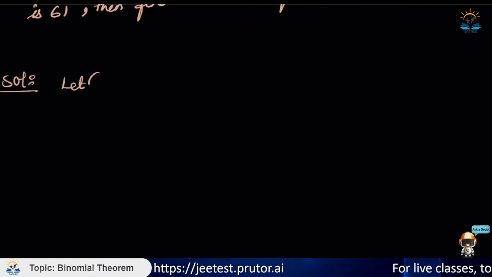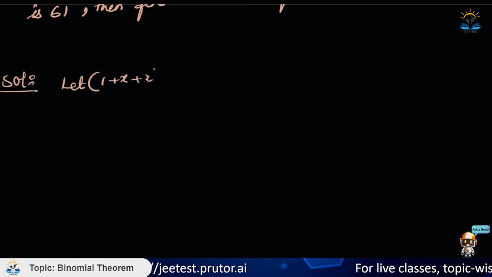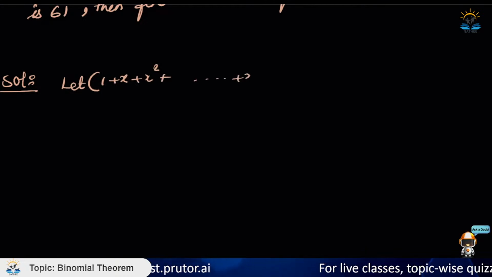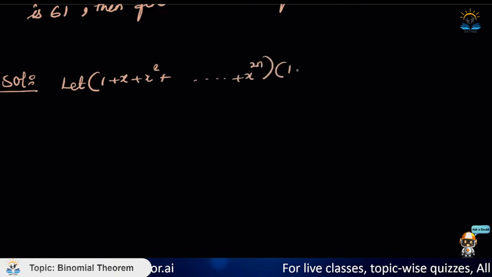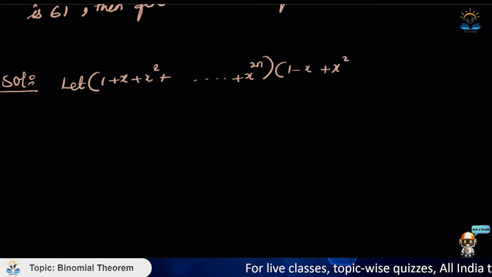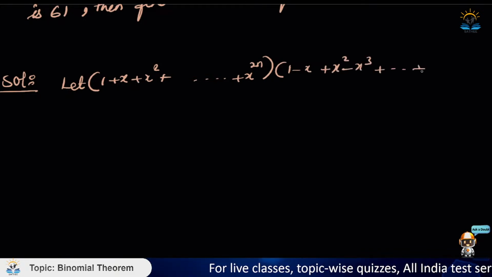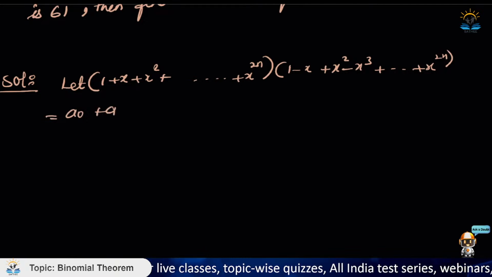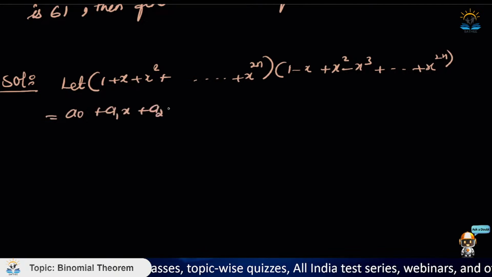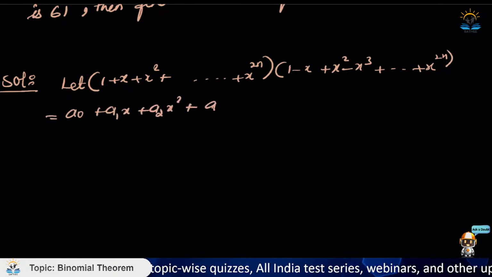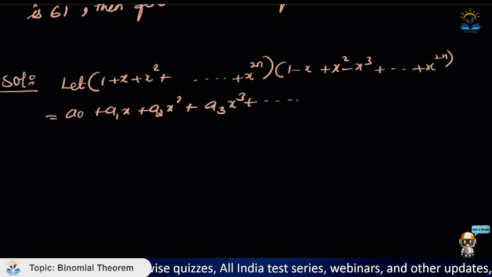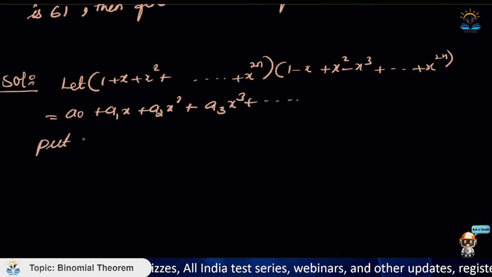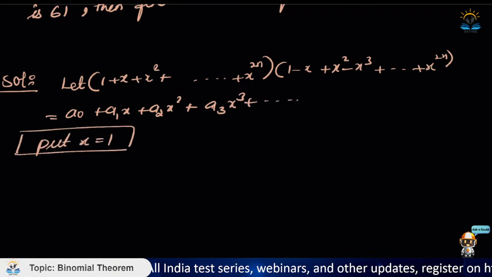So we can say let (1 + x² + ... + x^2n)(1 − x + x² − x³ + ... + x^2n) = a0 + a1x + a2x² + a3x³ + ... Now we have to put x = 1.